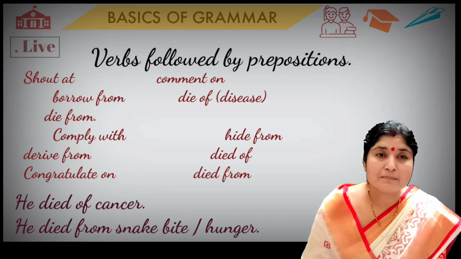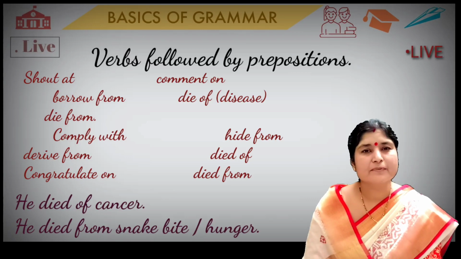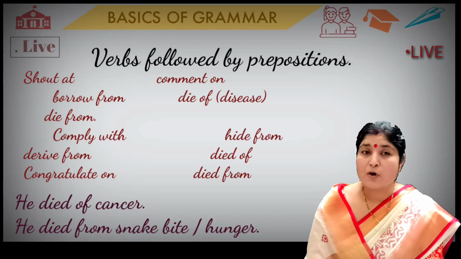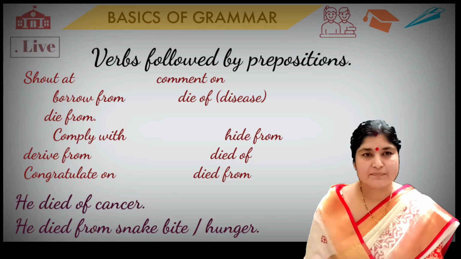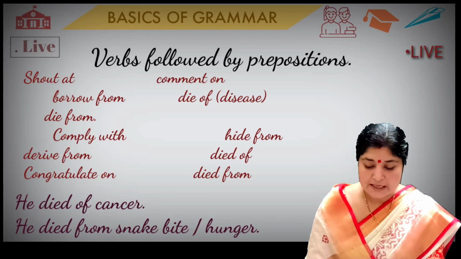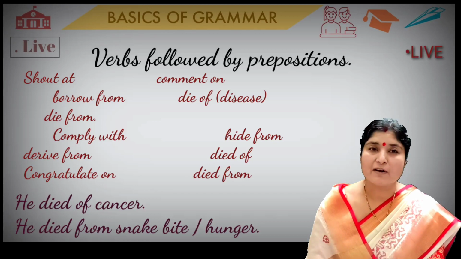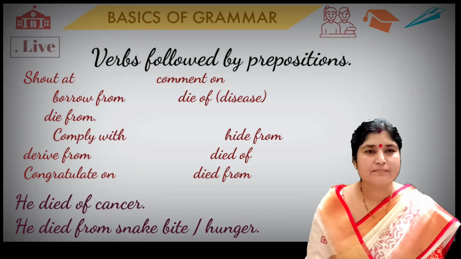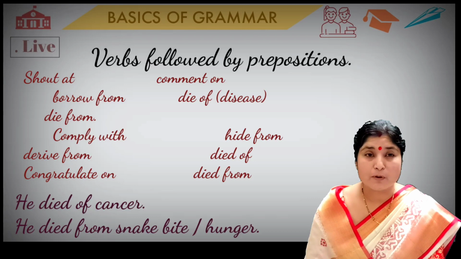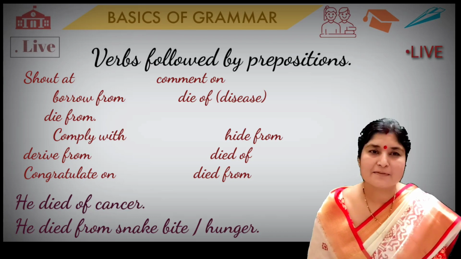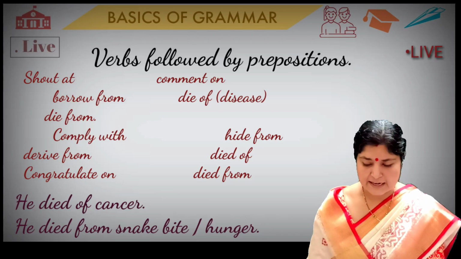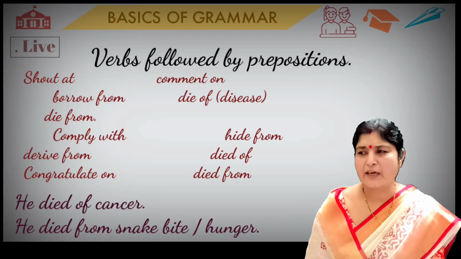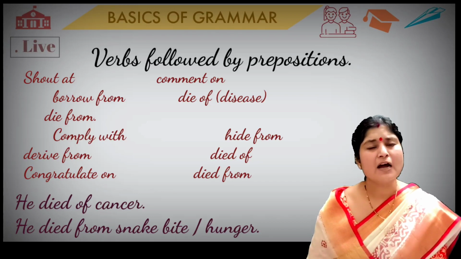He died from snake bite. Whenever we talk about a disease, we use died of, so he died of cancer. But for other causes, like he died from snake bite, or he died from hunger.